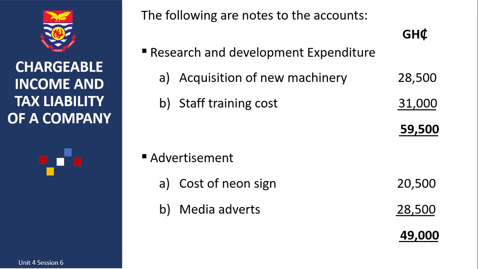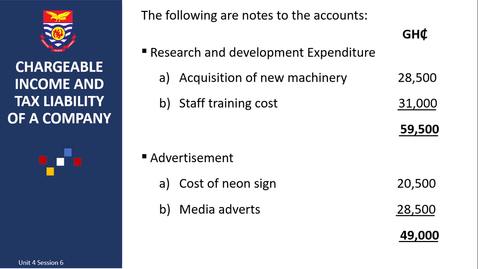The following are notes to the account. Research and development expenditure, acquisition of a new machinery. So what we are going to do is that we will take the notes one after the other and determine which expense is allowed and which is not allowed. Acquisition of a new machinery, 28,500, and staff training cost, 31,000.